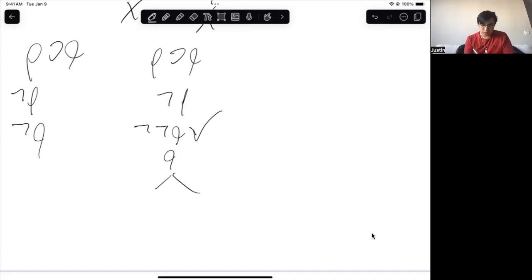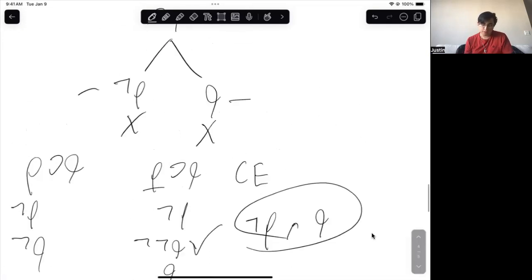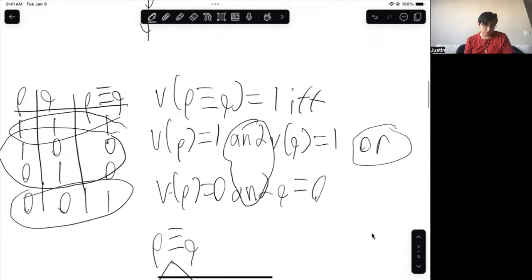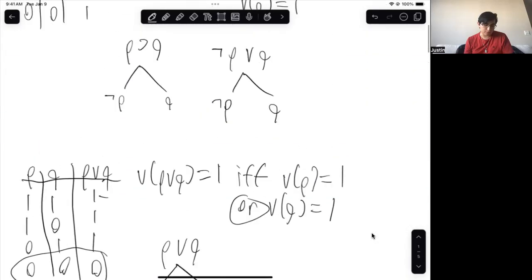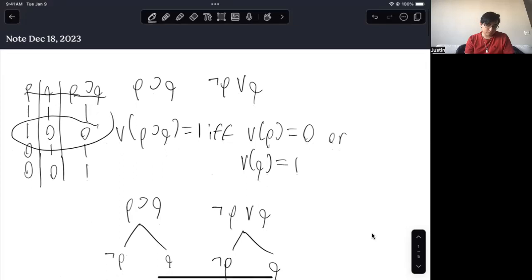So, false antecedent and a true conclusion. There are no contradictions here. It's consistent. So the counterexample would be this and that. This is your counterexample, which is also back on the table: the third line on the truth table.